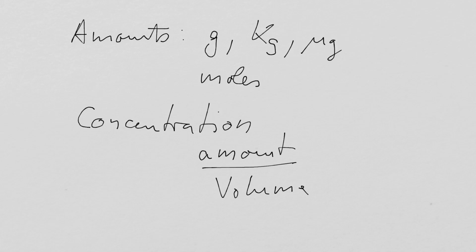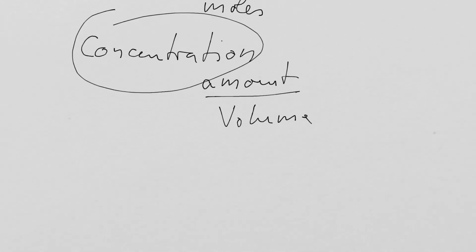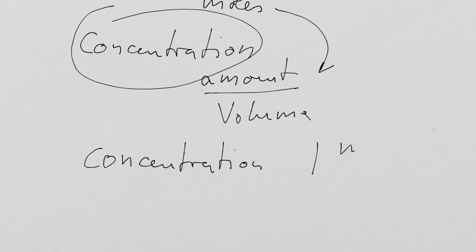What's not so trivial is that very often people confuse amounts with concentration. And that is where things then easily go wrong. I don't want you to be in a position like that. So when we talk about concentration, we said we can talk about moles. So a perfectly acceptable concentration would be, for example, 1 mole in 1 liter.